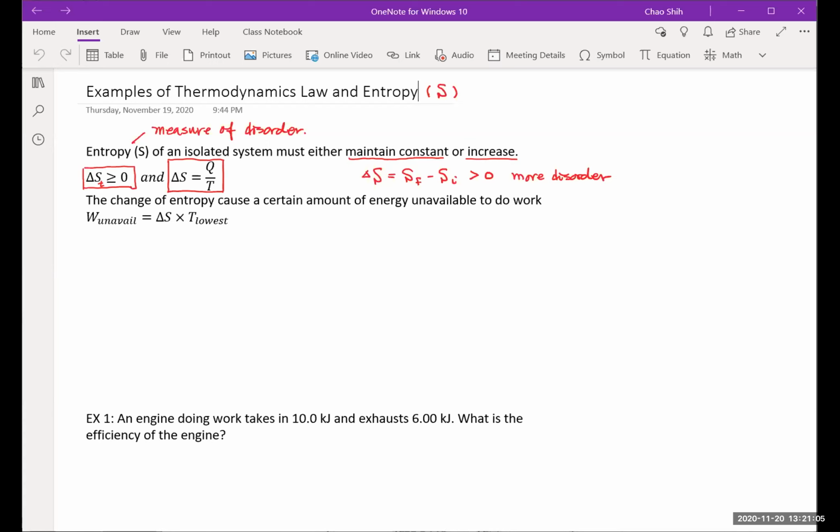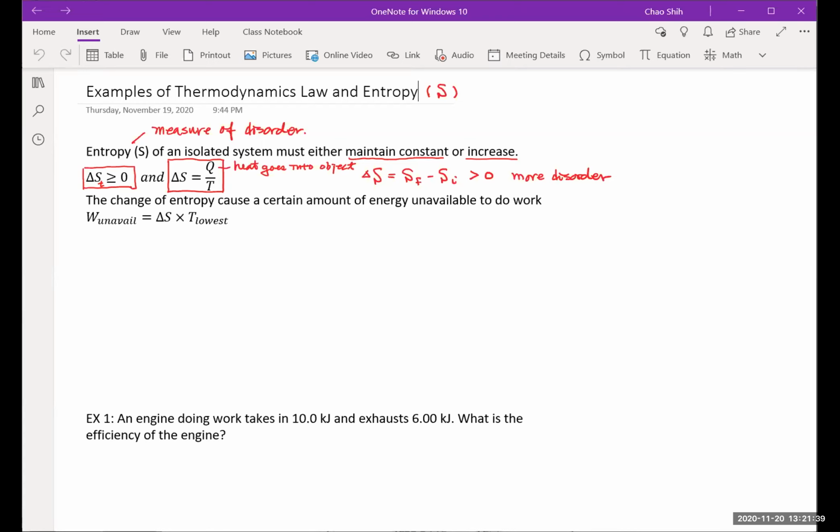Well, to calculate that, the change of entropy for any component is equal to Q over T. So this Q represents the heat that goes into the substance, the element, or the object. It's the heat that goes into the object.